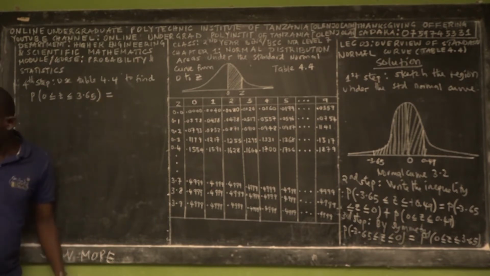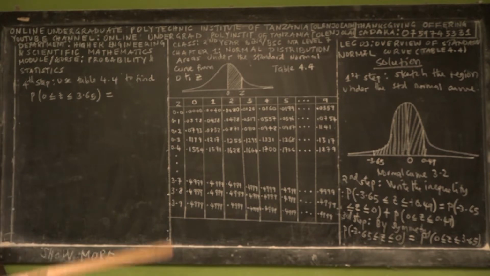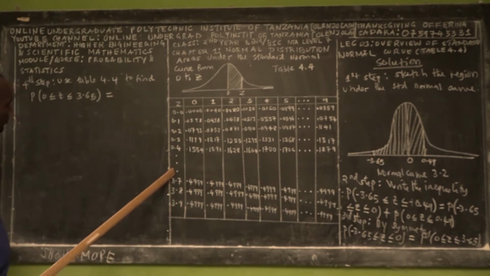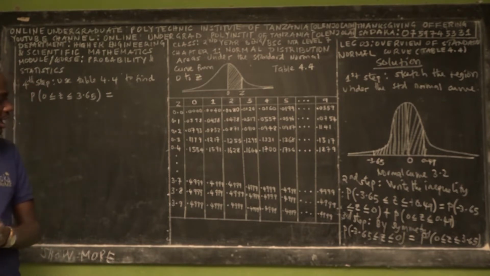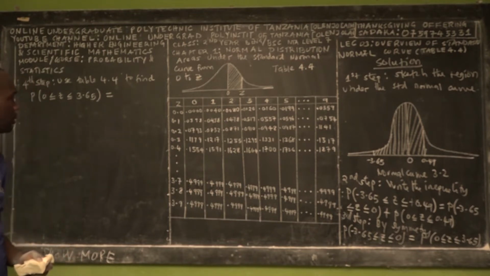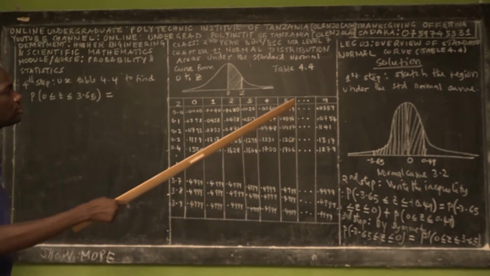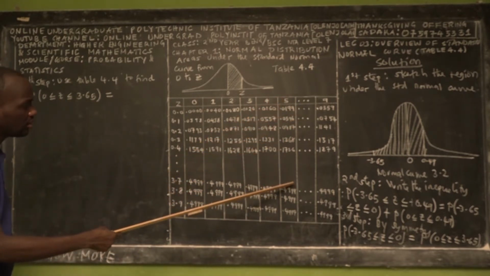So the probability of 3.65, it's above here. If you read, that is the 37th row, 3.60, and then the second decimal place is 5. So it is here, right?